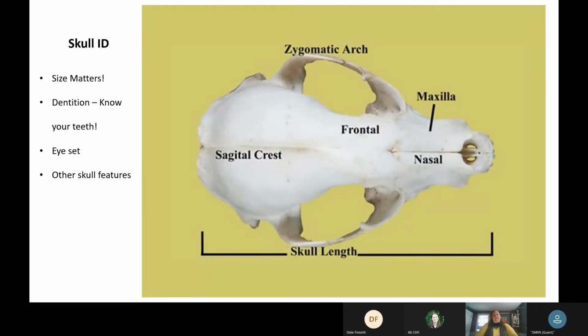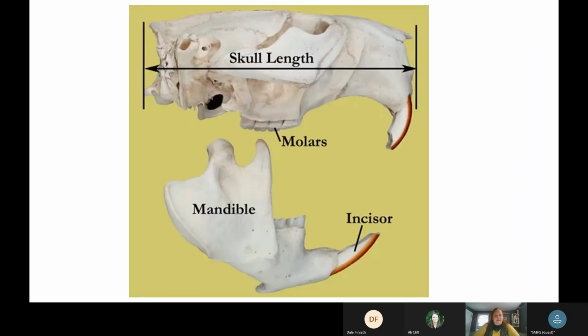The other fun thing is to know your teeth. This happens to be a beaver skull, and beavers are in the rodent family.